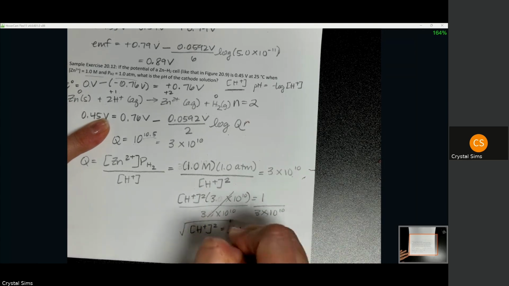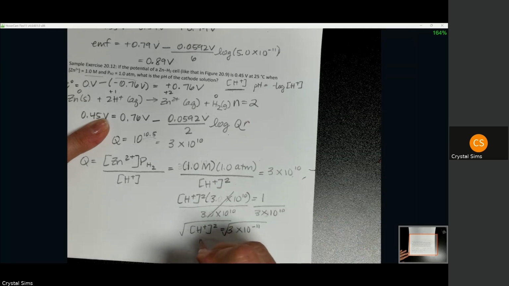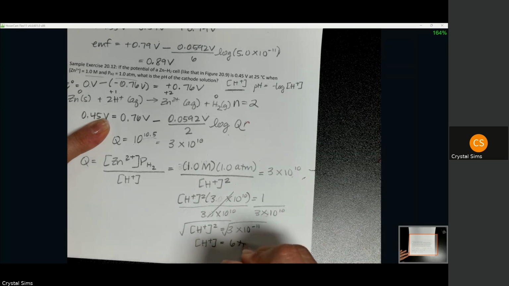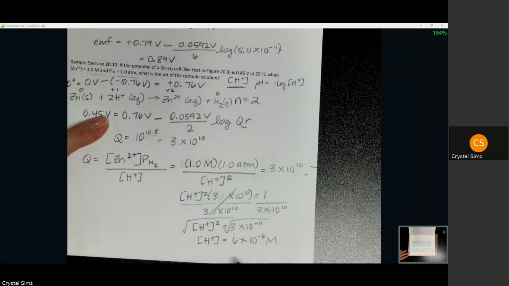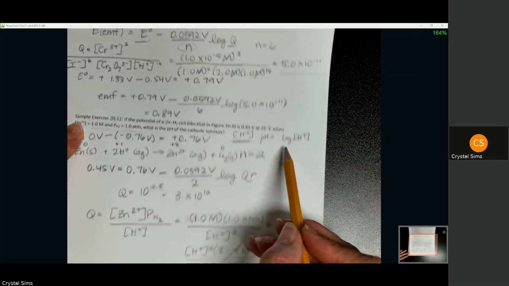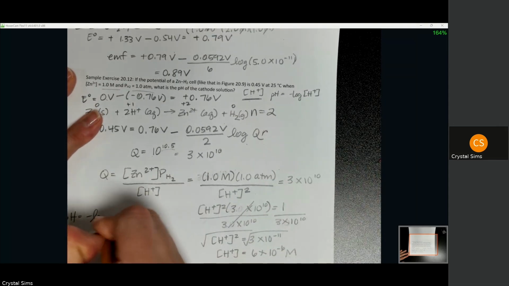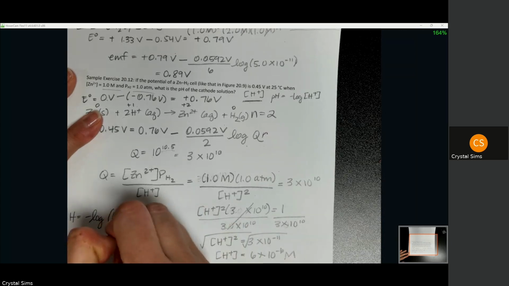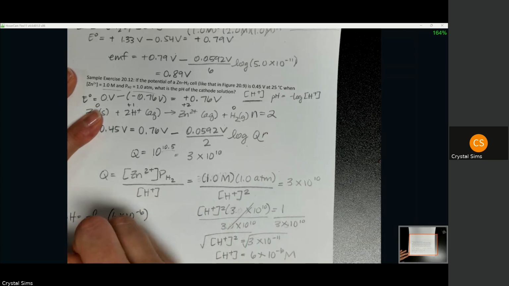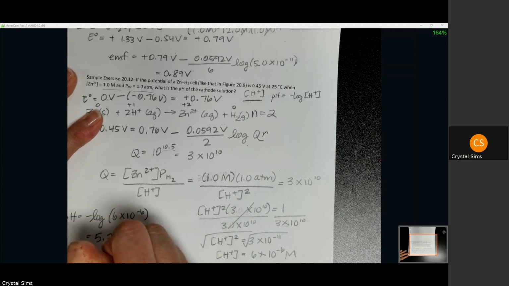I take the square root of both sides, and my hydrogen ion concentration is 6 times 10 to the negative 6. Remember, pH is the negative log of that. And so our pH is 5.2.